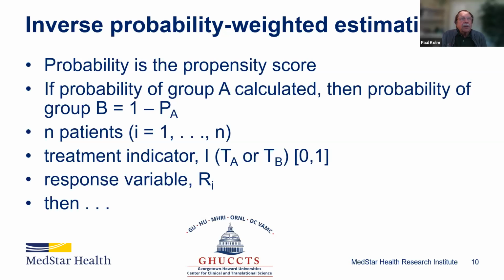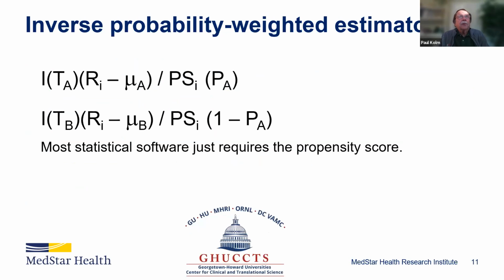And then we have the response variable, whether it's survival or some measure of treatment benefit. So in that case, then we calculate the inverse probability of that by just taking the inverse of the propensity score. And actually, it turns out most statistical software like SAS and Stata just requires a propensity score. They calculate the inverse of that then.